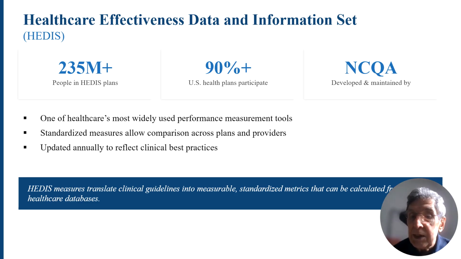The measures are updated annually to reflect current clinical evidence and best practices. So the key takeaway is that HEDIS measures translate clinical guidelines into measurable standardized metrics that can be calculated from healthcare databases. That translation from clinical guideline to an SQL query is exactly what we're going to practice in the next several slides.